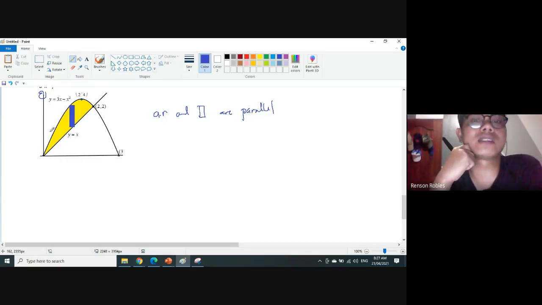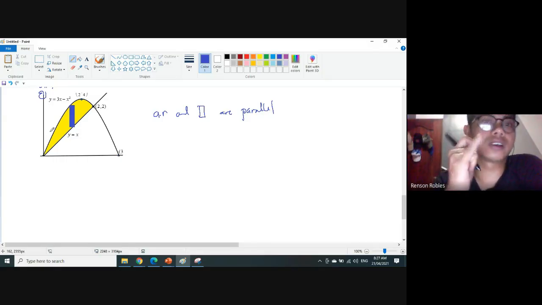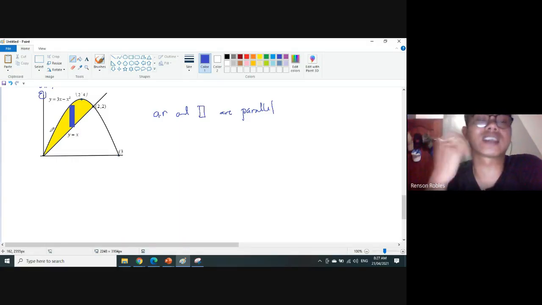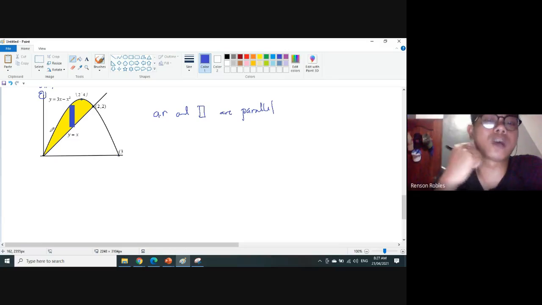You get what I mean? So that's it. Again, this method and the circular ring method are used whenever you take element perpendicular. If the element is touching the axis of revolution, this method. If the element is not touching the axis of revolution, washer method.